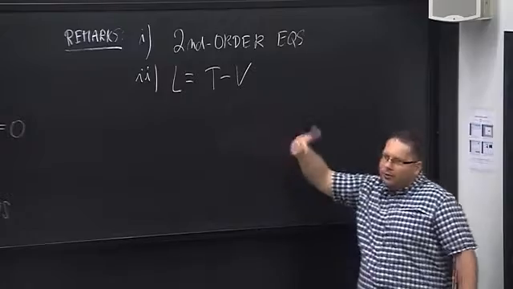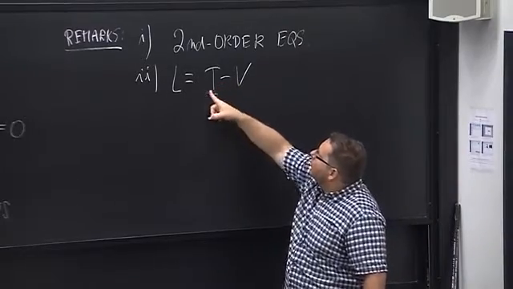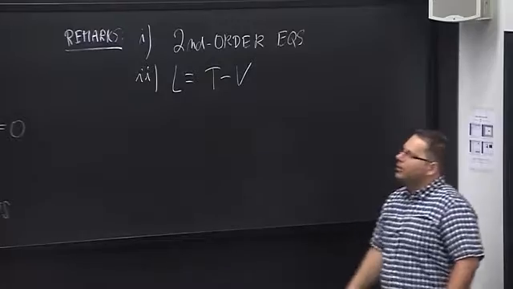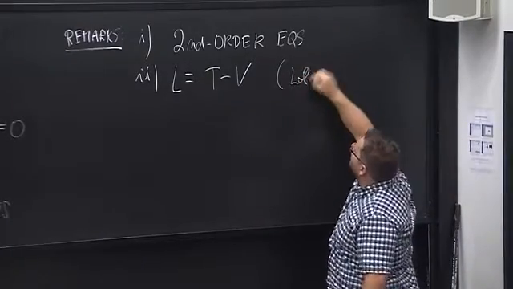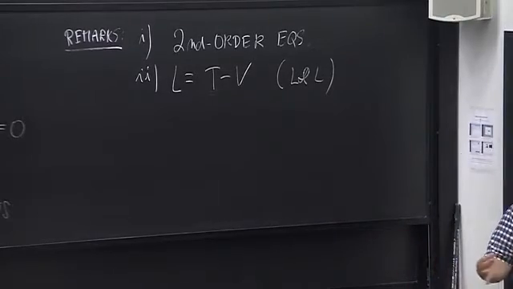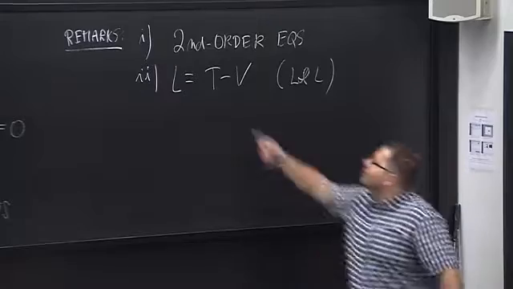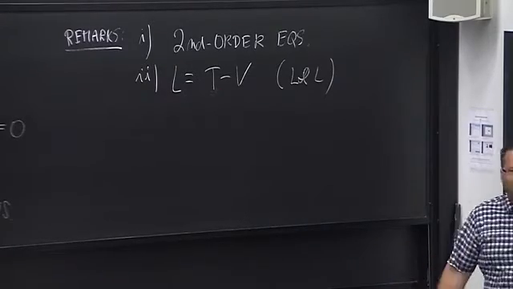But you can show that it's actually connected to the energies of the system under some conditions as kinetic minus potential energy. If you're interested in the derivation of this, look at Landau and Lifshitz. They start from a free particle, and they show that in that case, you have to have 1/2 mv squared, and then they proceed to potential, and so on.